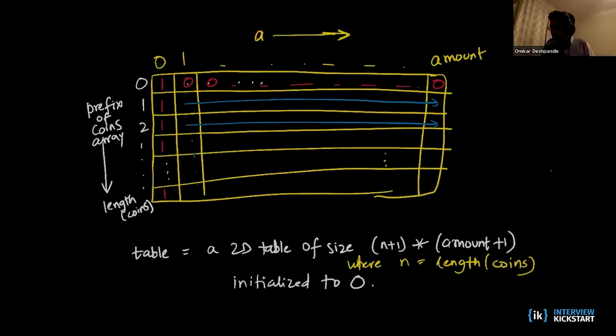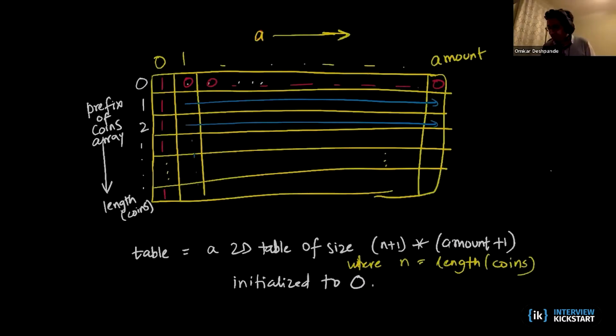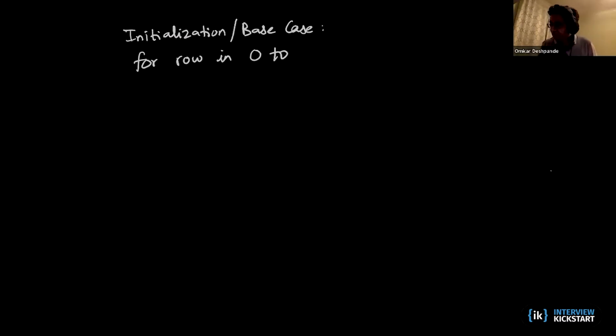So we only have to initialize the left wall, the leftmost column, and that we can do by having our row variable varying from 0 through n. We set table of row comma 0 to 1.